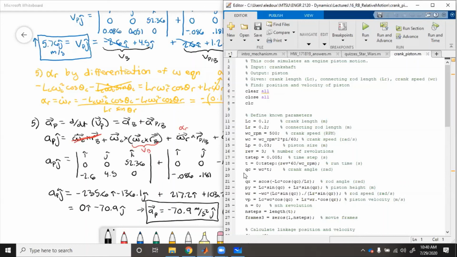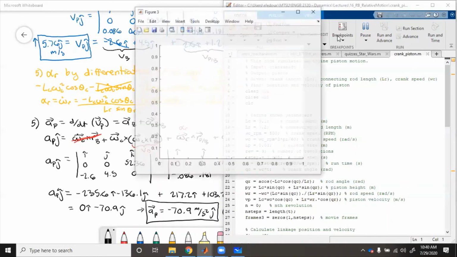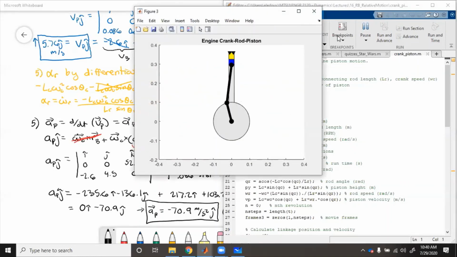Then Q represents data, so it's crank angle, rod angle, and then I have speed of the rod, speed of the piston, so it'll calculate everything from that. So you can see as the crank goes around, the angular velocity of the rod is in the opposite direction of the crank, and the piston has that rectilinear motion straight up and down.